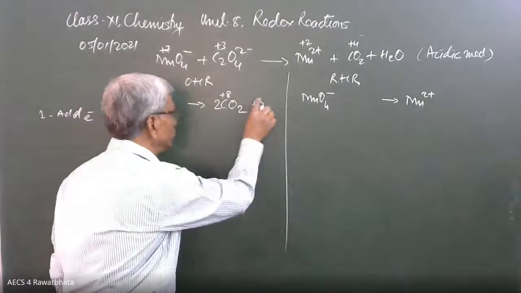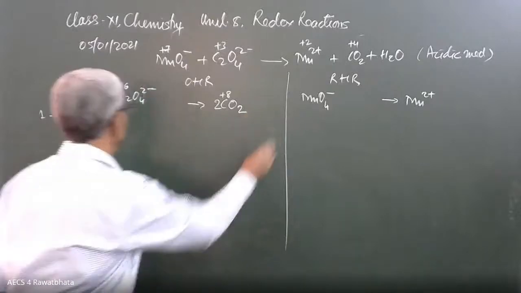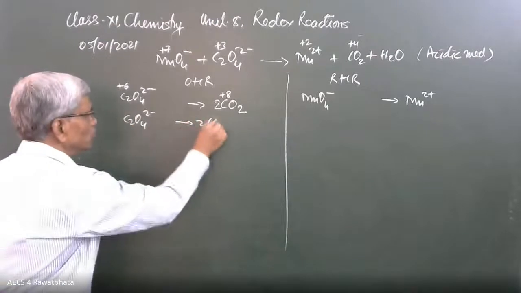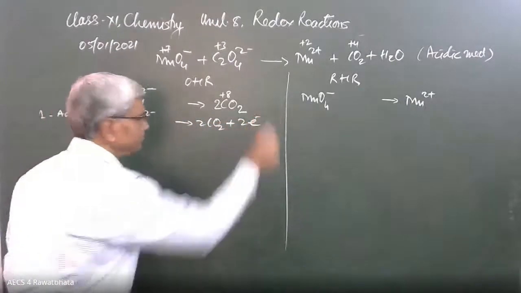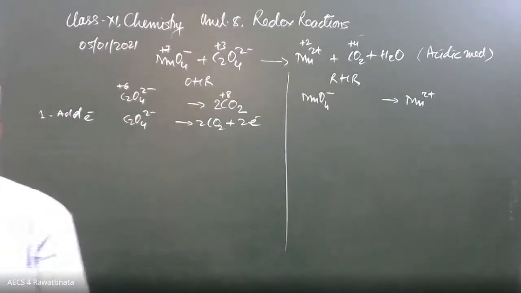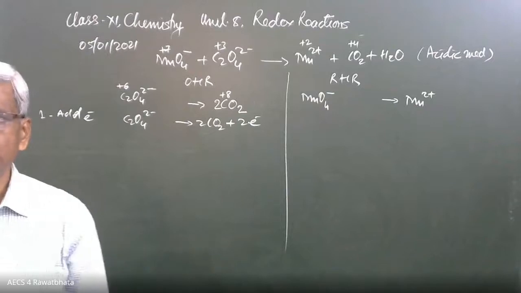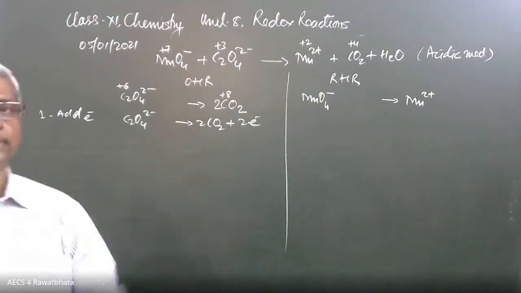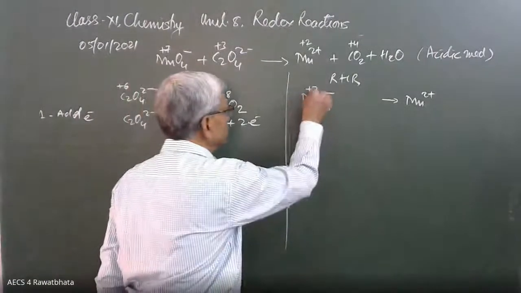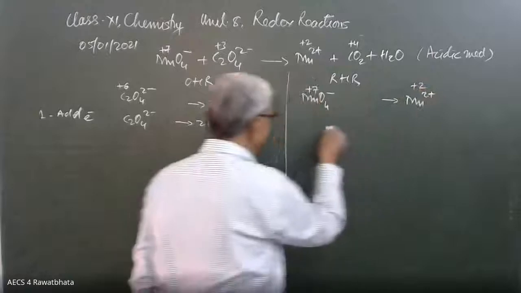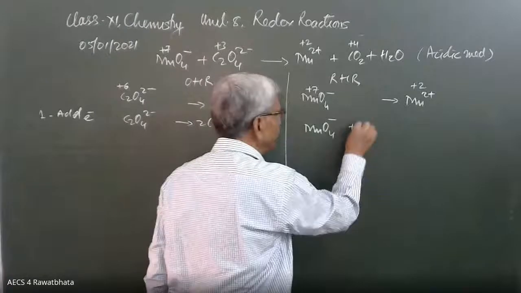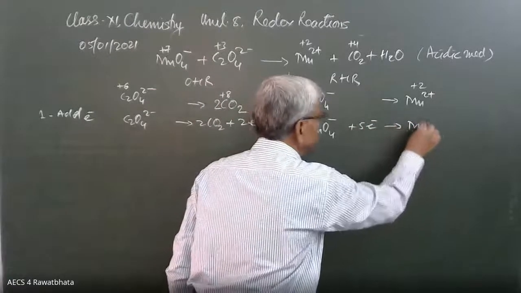That's why we have to add 2 electrons here. C2O4 2 minus gives 2 CO2 plus 2 electrons. Is it okay? This is the difficult step in this system. If you are able to decide how many oxidation states are going to change, then you can balance the reaction easily. So here 2 electrons, and here plus 7 is going to change into plus 2, gain of electron 5. MnO4 minus plus 5 electrons gives Mn2 plus.